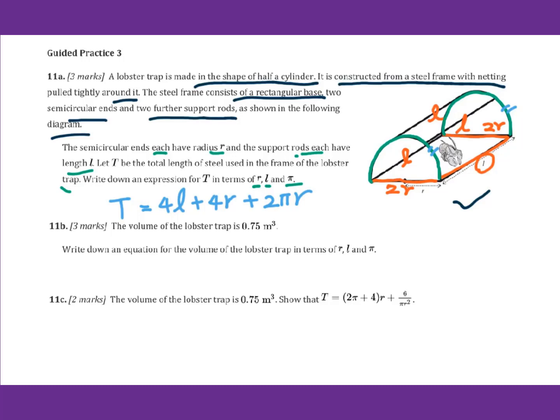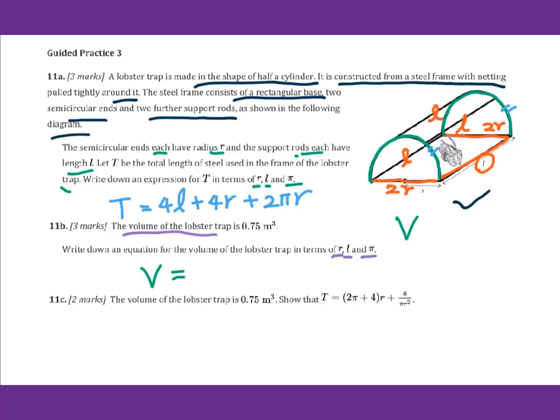Look at 11B. The volume of a lobster trap is 0.75 meters cubed. Write down an equation for the volume of a lobster trap in terms of r, L, and pi. We know the volume equals 1/2 of a cylinder.